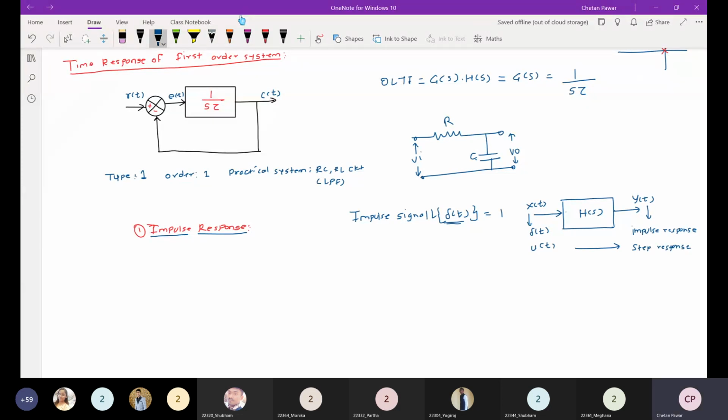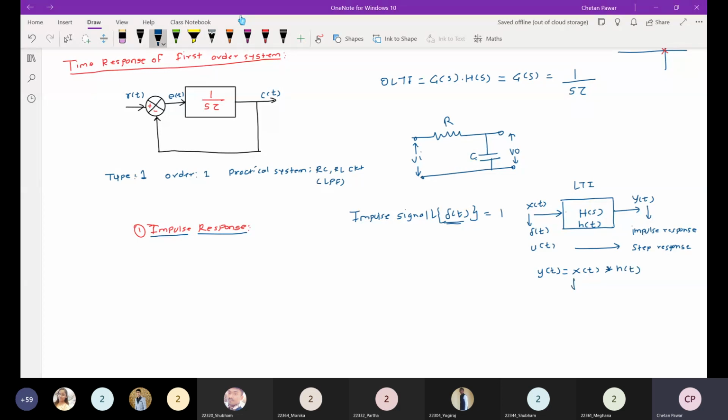Now, as we know, this is an LTI system. Say the impulse response of this system is h of t. So what is the output y of t? y of t is x of t convolved with h of t, because this is an LTI system.